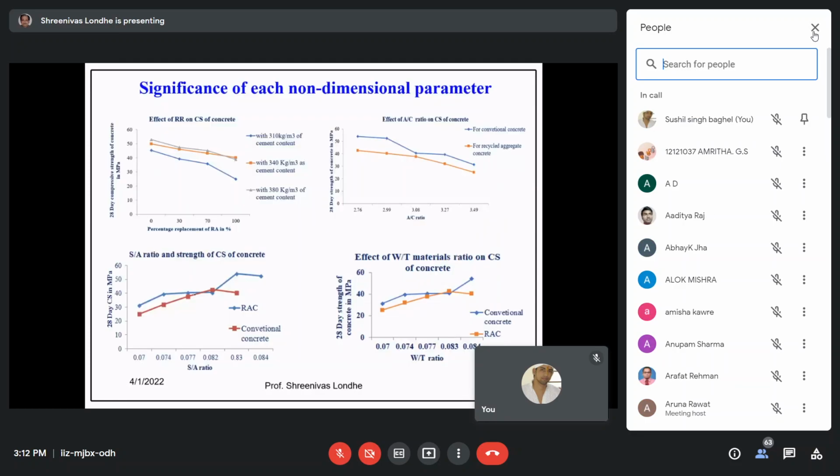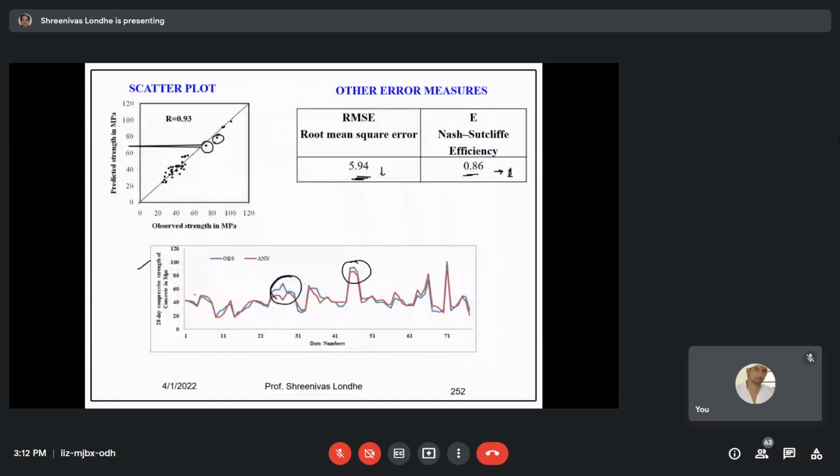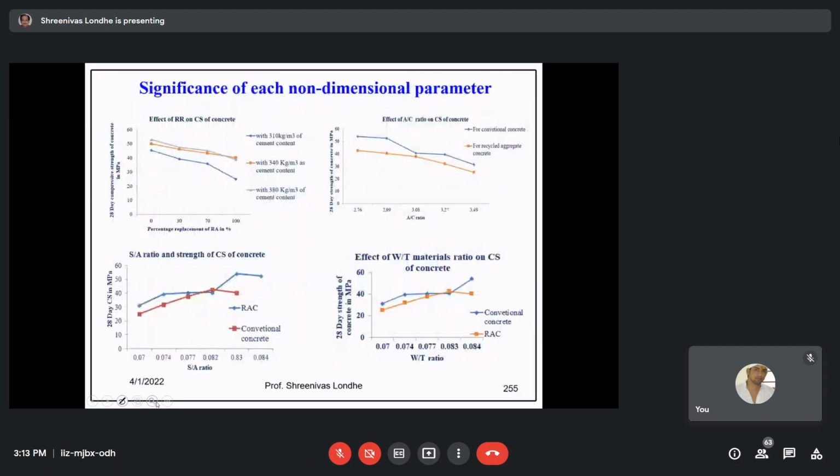Now this was part 1, where my input parameters were fixed, as I said over here. These input parameters were fixed because they are part of my mix design, my domain knowledge. But that is not the only thing. When we are dealing with a mischievous material like concrete, and moreover recycled aggregate concrete, we also have to focus on non-dimensional parameters.